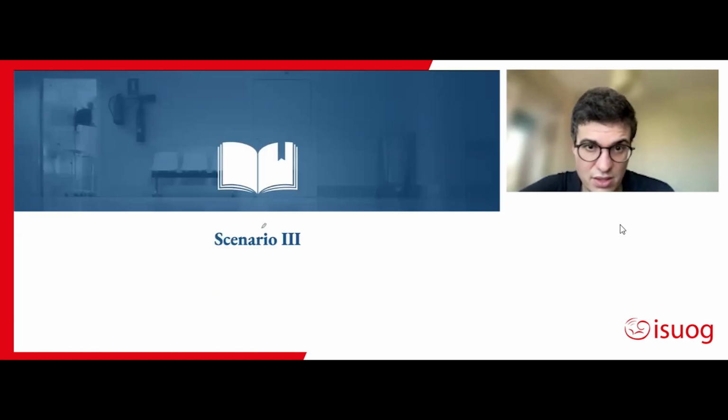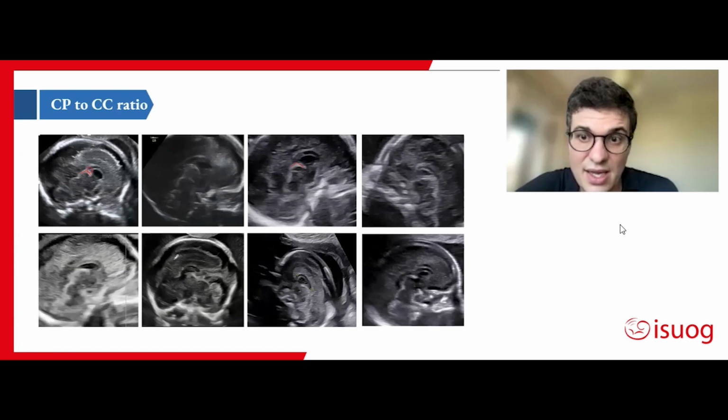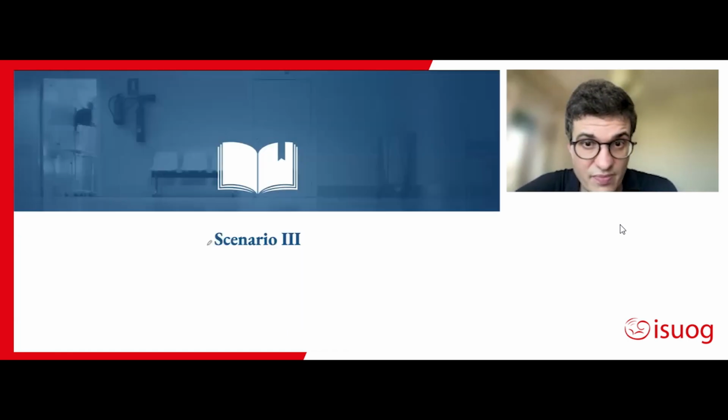In cases with partial agenesis of the corpus callosum, the most apical part of the choroid plexus is coincident with the distal part of the corpus callosum itself. Also, all these cases show a very short corpus callosum. This is another anatomical landmark we can use to suspect these fetuses.